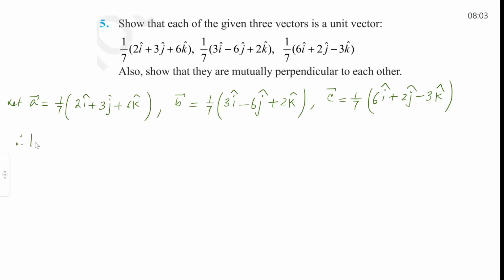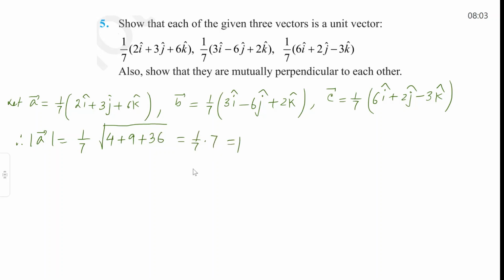Therefore mod of A bar is 1 by 7 into root over 2 square is 4, 3 square is 9, and 6 square is 36. So 36 plus 4 plus 9 is 49, whose root is 7, which is equal to 1 by 7 into 7, equal to 1.